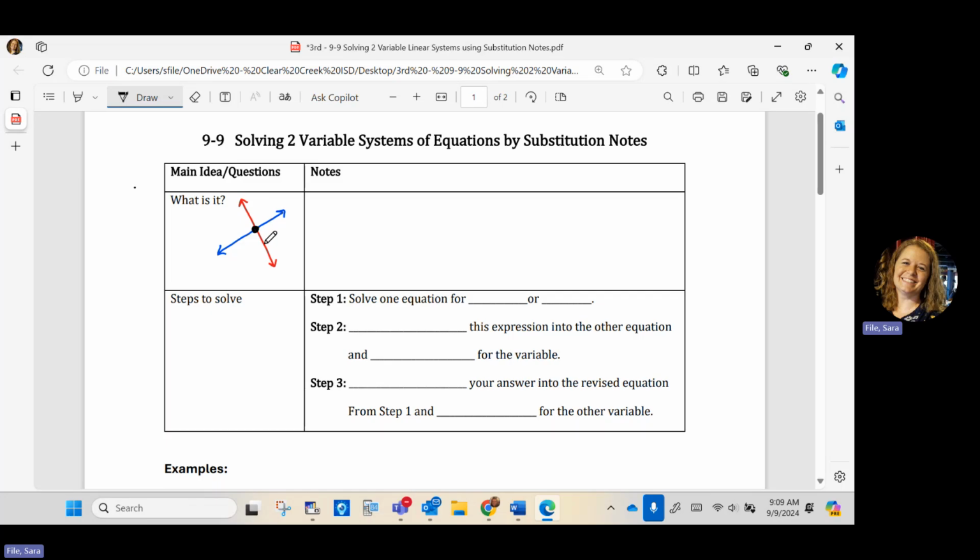That's a little different than what we did last week with the inequalities. The inequalities had a whole section of shaded region in which you could find solutions. Now there's only going to be one solution.